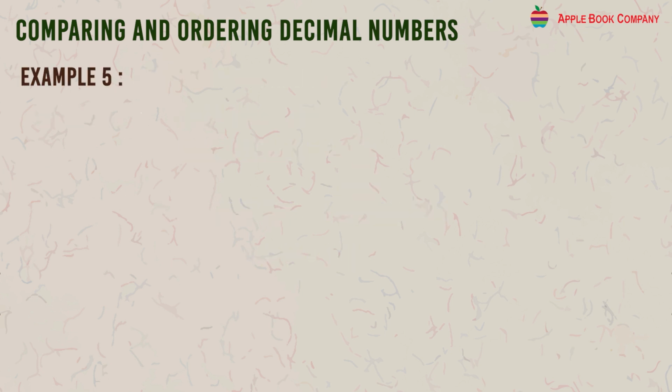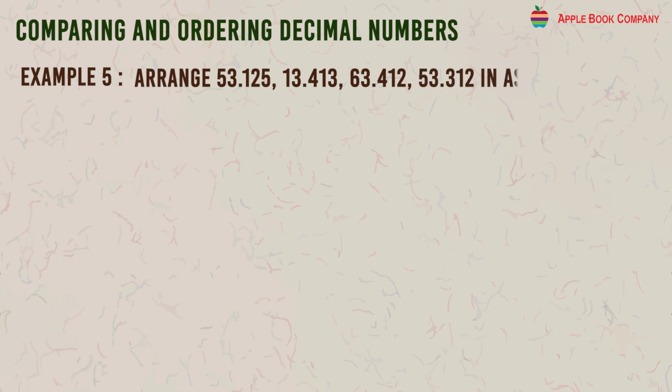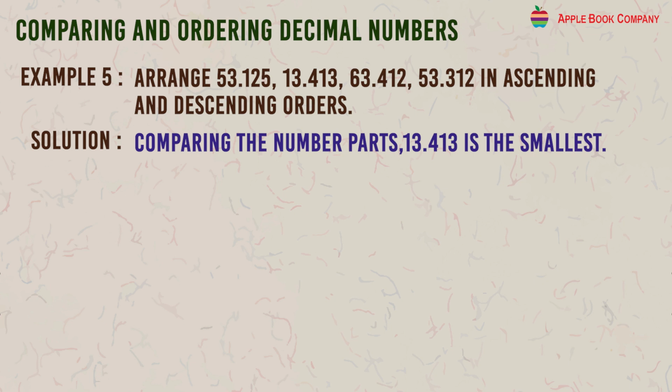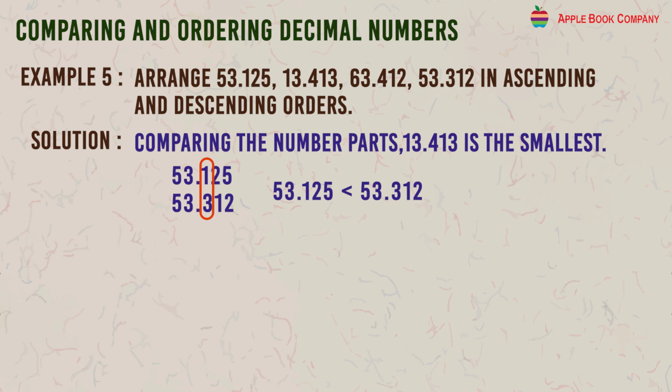Example 5. Arrange 53.125, 13.413, 63.412, 53.312 in ascending and descending orders. Comparing the whole number parts, we see that 13.413 is the smallest. Now compare 53.125 and 53.312. The whole number parts are same. Comparing the tenths digits, 53.125 is less than 53.312.